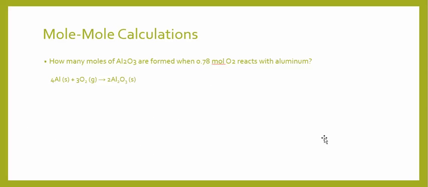Let's look at one more example on a mole-to-mole calculation. We have 0.78 moles of oxygen. And I want to know how many moles of aluminum oxide are formed. So start with 0.78.